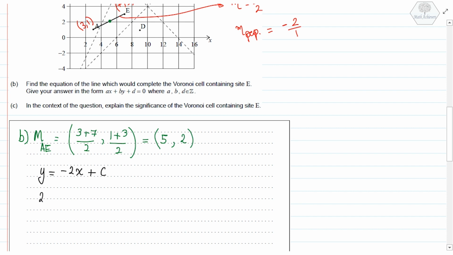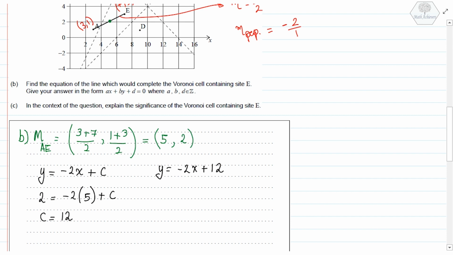So now I have 2 is equal to negative 2 times 5 plus c, so c is equal to 12. So my equation is y equals negative 2x plus 12.